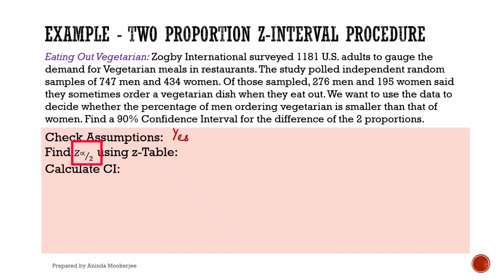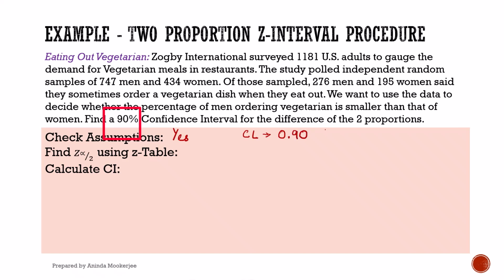But in order to find z of alpha by 2, we need to know what alpha is. Alpha will be determined from the percentage confidence interval that we are finding, correct? So if the confidence interval is a 90% confidence interval, then the confidence level is the decimal version of the 90%, which is 0.90.